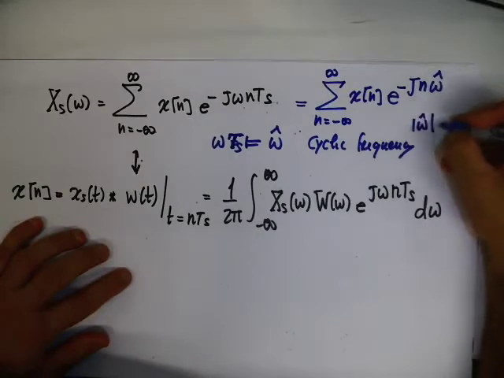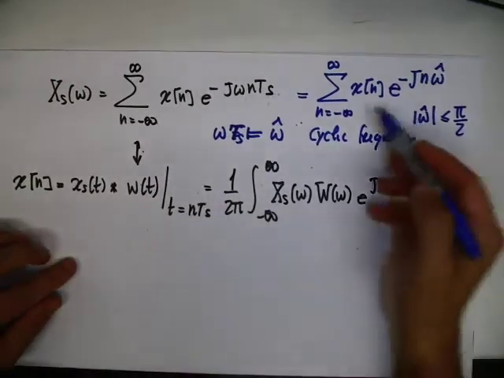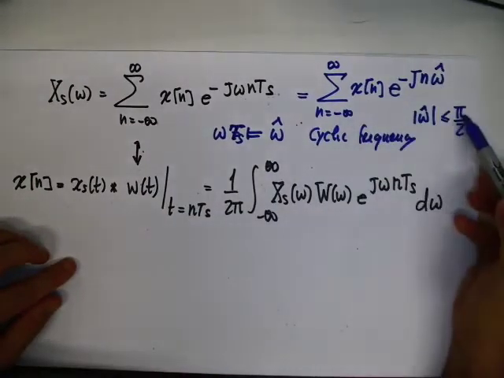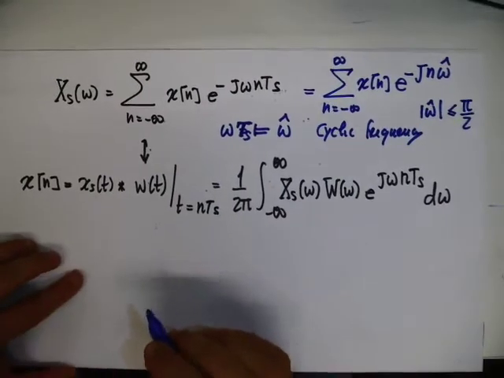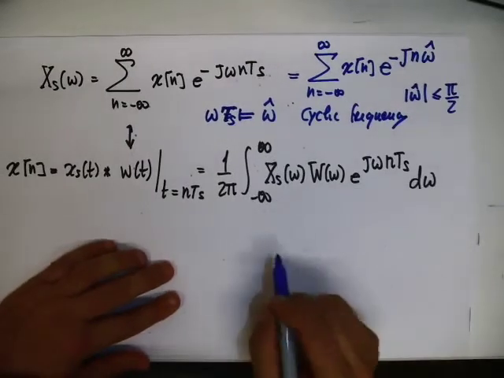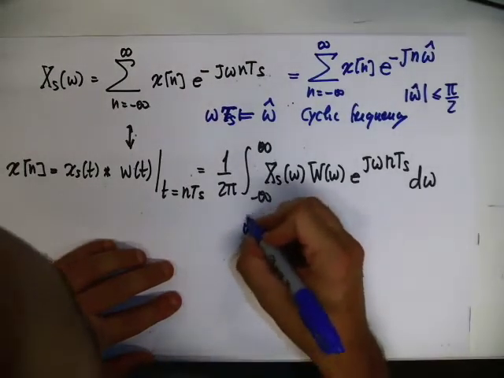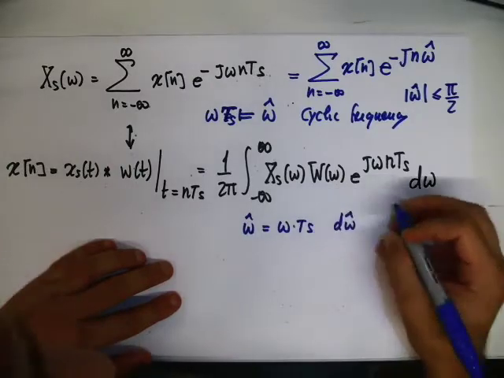And I remind you that omega hat we will only restrict to the principal branch, less than or equal to pi divided by 2. But this function is a periodic function with period 2 pi, okay? And then in this integral, we can make the substitution omega hat equal omega times T_s, and so d omega hat.